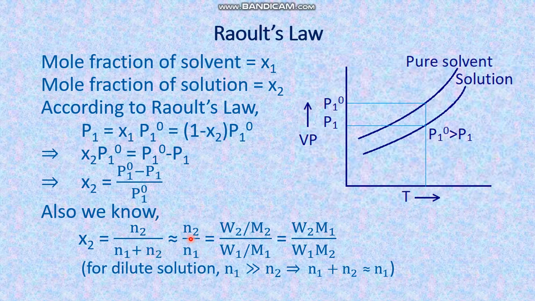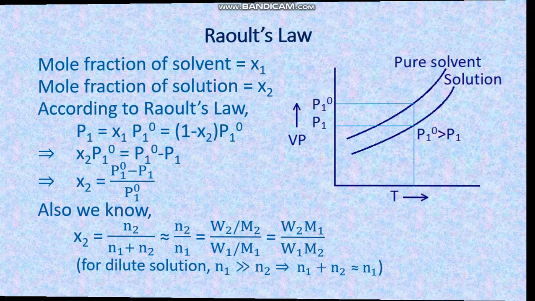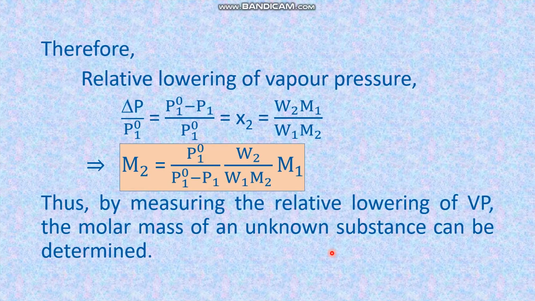So x2 is almost equal to N2 by N1. Now the further expression of N is W by M, where W is the mass and M is the molar mass. So for the solute it is W2 by M2, and for the solvent it is W1 by M1. And the rearranged form is W2 M1 by W1 M2.